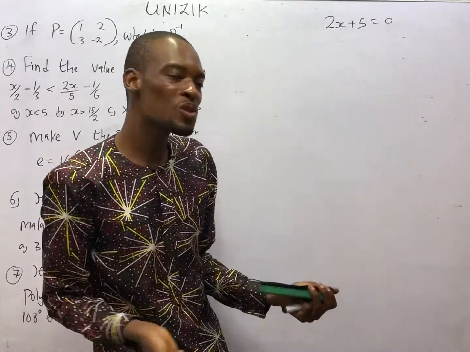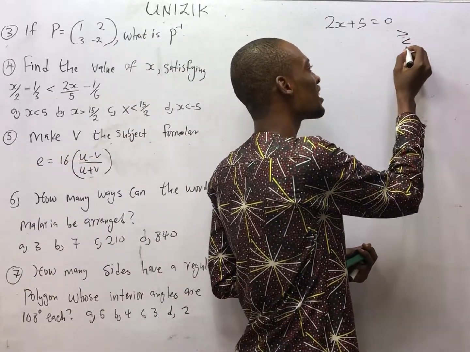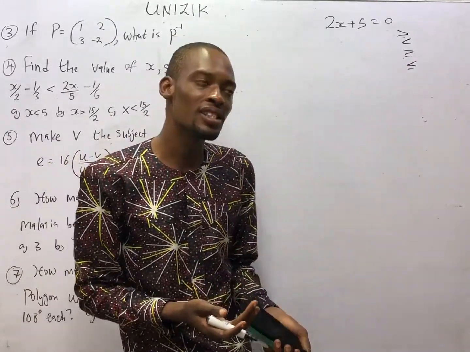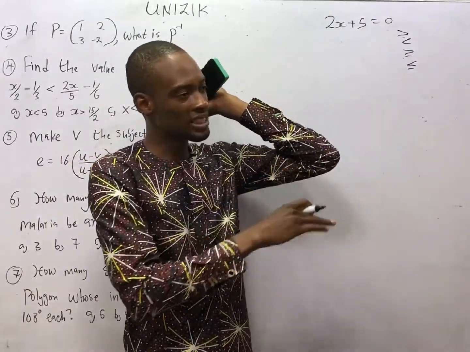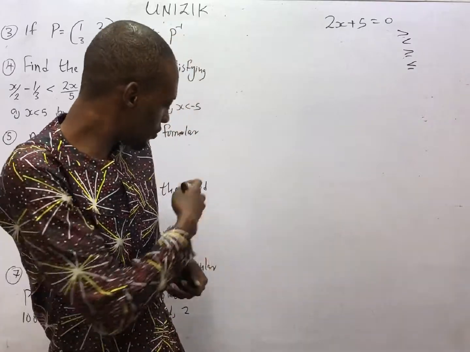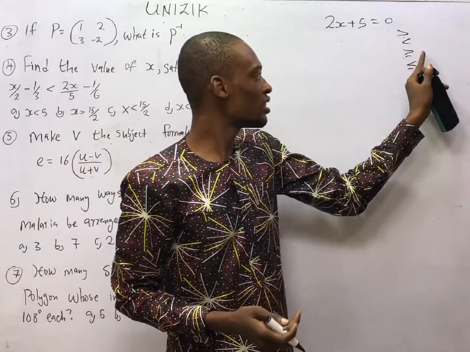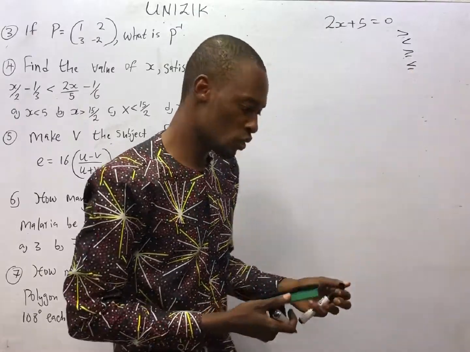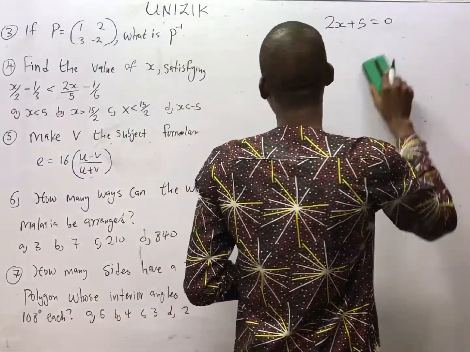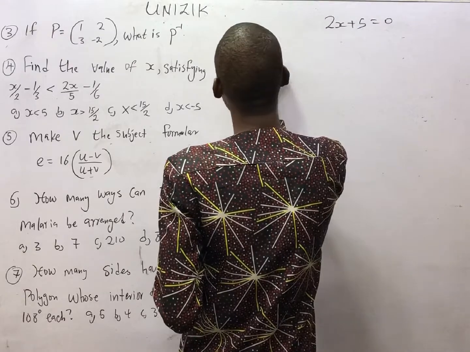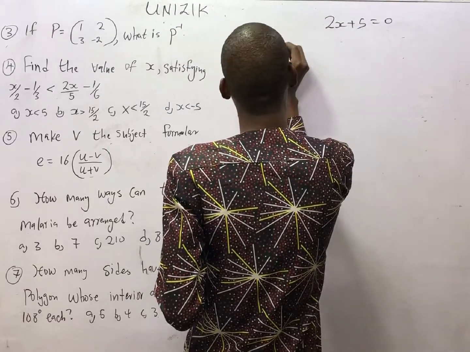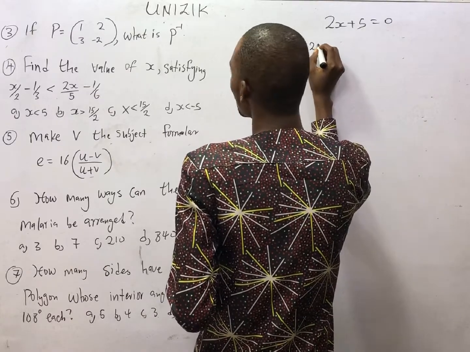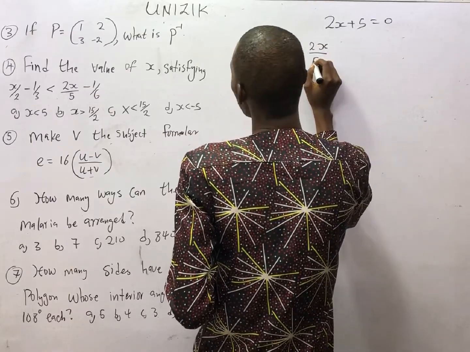But by the time I begin to use signs like this, that, this, and this, I am now dealing with inequality, where this means greater than, this means lesser than, this means greater than or equal to, this means lesser than or equal to. We solve inequalities the same way we solve equations, except that when you multiply both sides by a negative number, the sign changes.